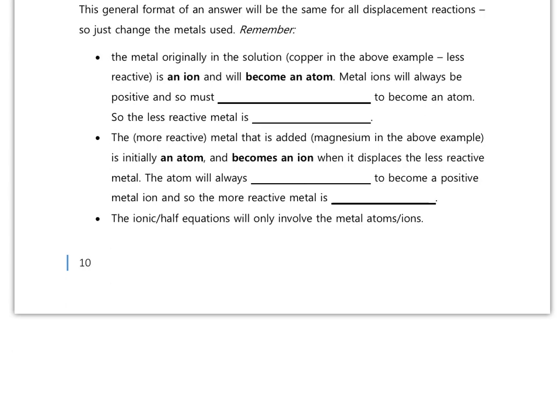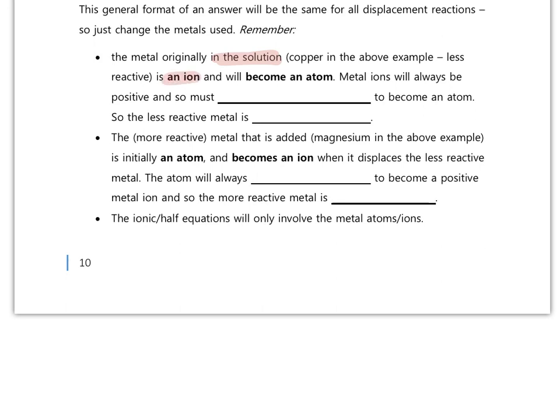The good news about these type of questions though is that the format is always going to be the same for a displacement reaction. Essentially it will just be the metals that will change. And it's just really important that at the start, as we did in the example above, that you identify where the metal is an ion and where the metal is an atom. So in a displacement reaction, the metal originally in the solution or as part of the metal oxide, say for example, so in the solution means that it will be a compound, and so it will be an ion.